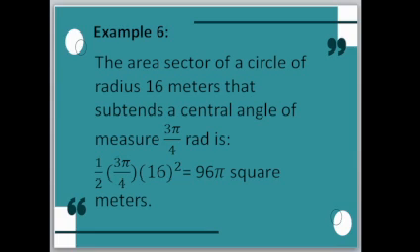So 1/2 times 3 pi over 4 times 256, because 16 squared is 256, is equal to 96 pi square meters, because 1 times 3 is 3 times 16 divided by 8. So the result is 96 pi square meters.